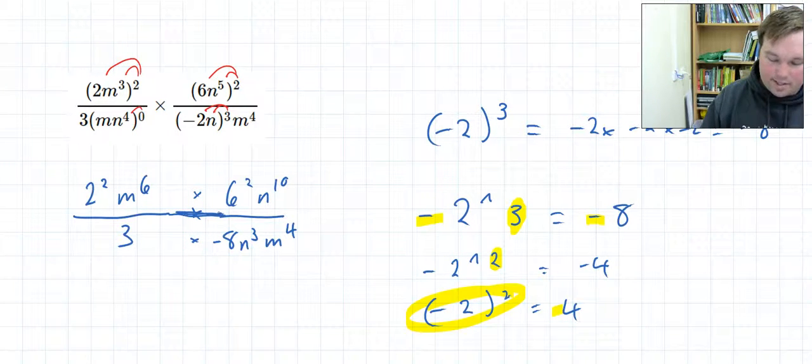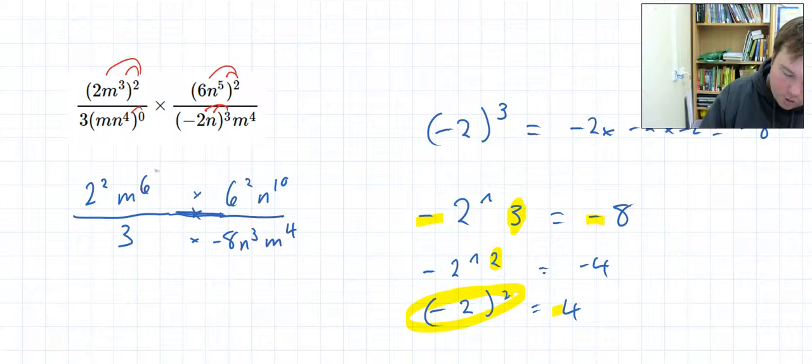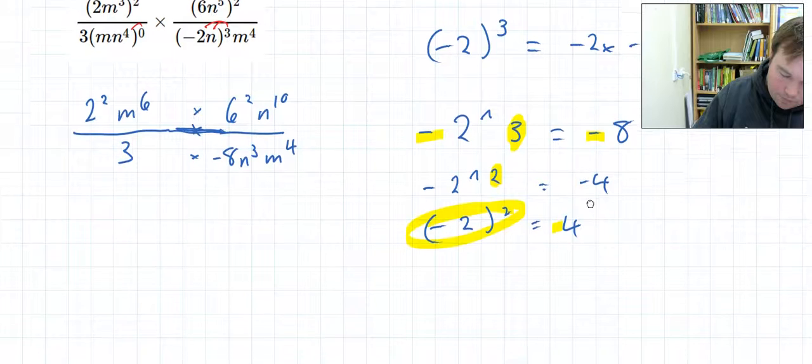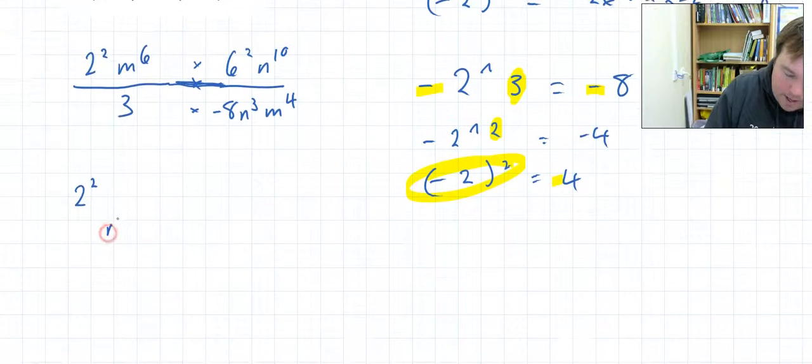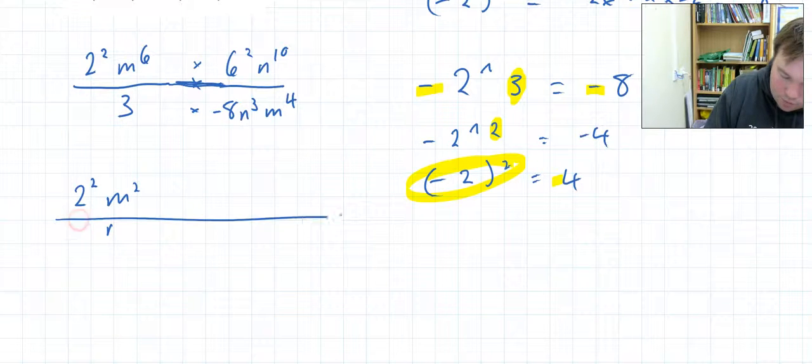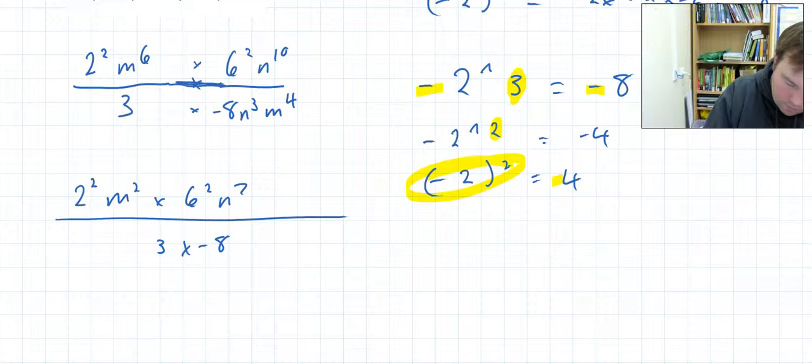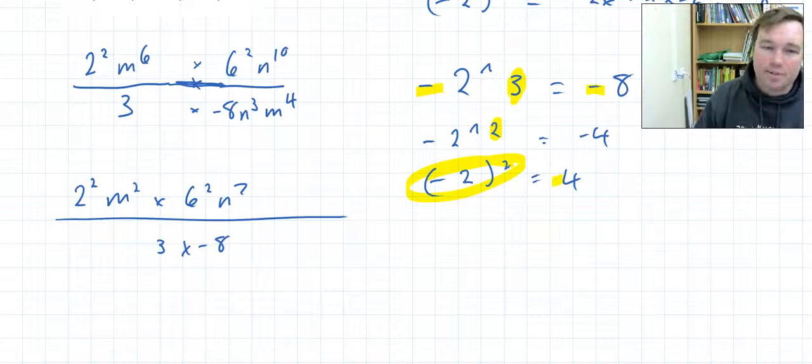What I'm saying is that you can cancel across, so the m6 and m4 can cancel out. 2 to the 2, m to the 2, times 6 squared n7. These two have cancelled out, 3 up there and 4 m's here, and on the bottom we're left with a 3 times neg 8. Alright, so letters are as simple as they can get.